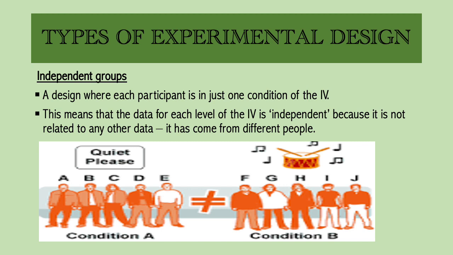Hence, that's why the data are not similar because you're using different people. Okay, so they are independent. The data for condition A is from different people, condition B is from different people. So this is another way where researchers can divide the participants into the conditions. So either they ask the participants to repeat the condition, or they use different people in different conditions.